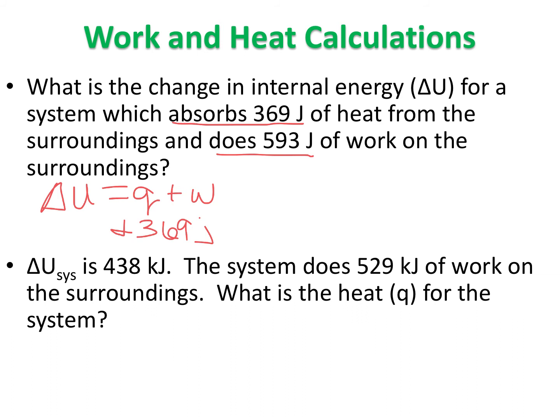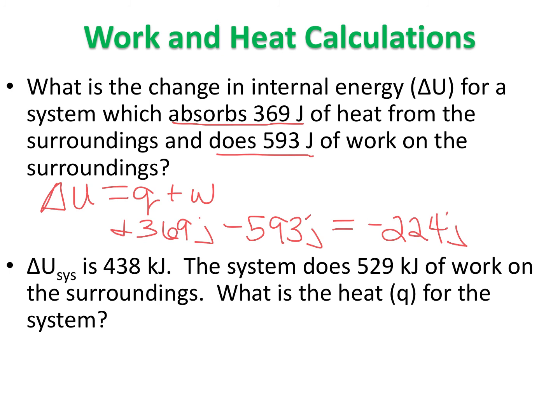Since the system does work on the surroundings, the value for W is negative 593 joules. The change in internal energy is 369 minus 593, which equals negative 224 joules.